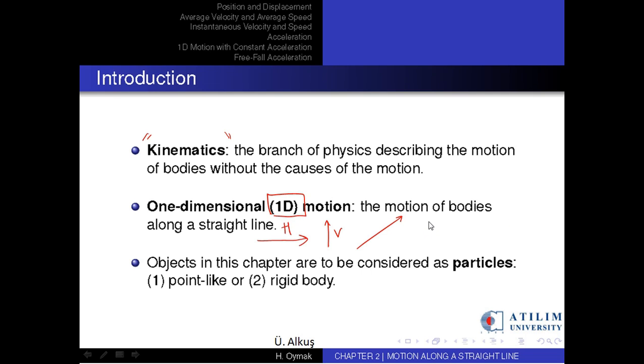Later on, we will discuss 2- and 3-dimensional motions, which all depend on a solid understanding of the basic concepts of one-dimensional motion. They are displacement, velocity, and acceleration.